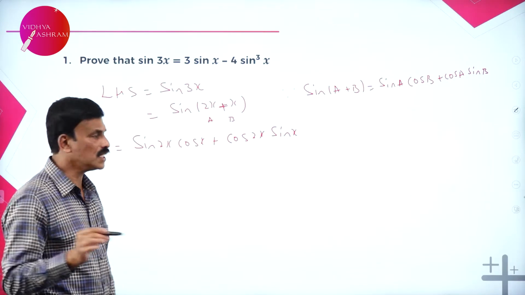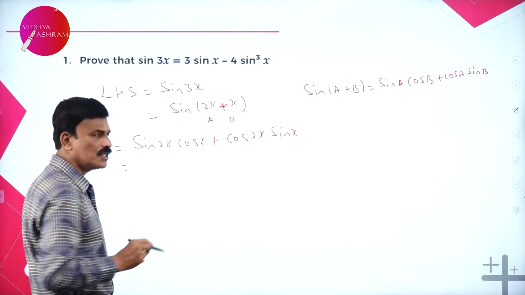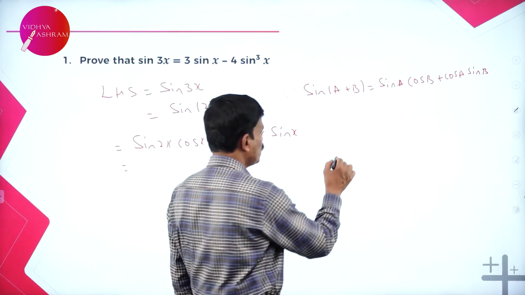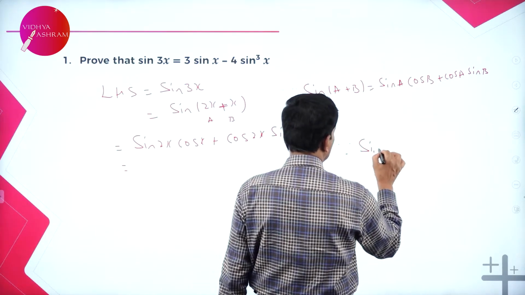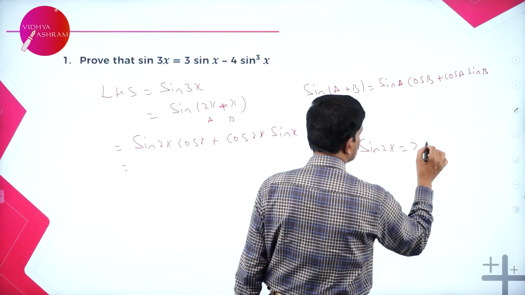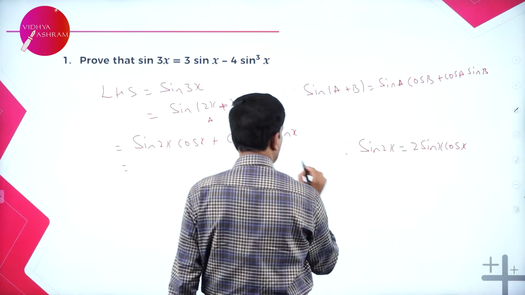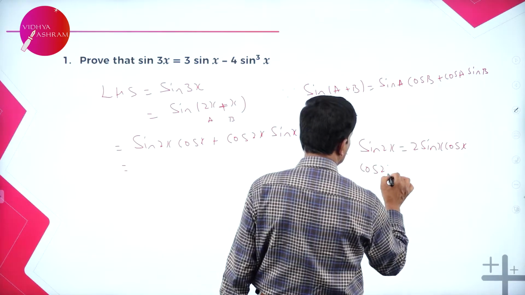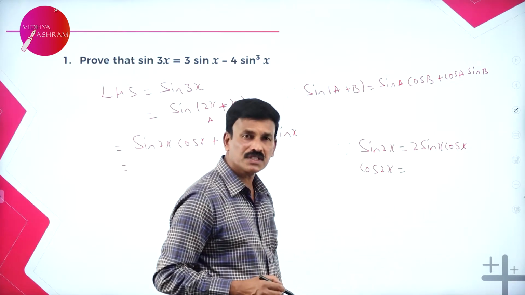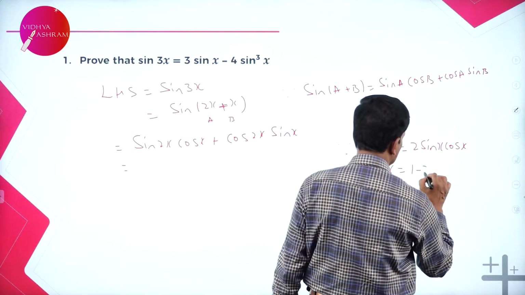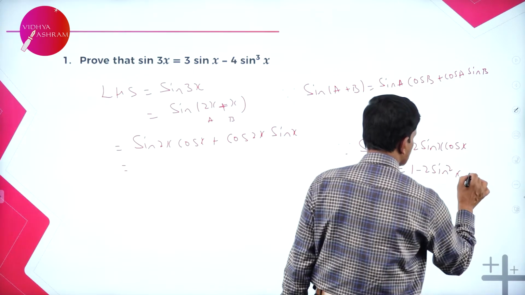Followed? Now, we know the formula for sin 2x from the previous multiple angles of 2A. Sin 2x is equal to 2 sin x into cos x. And cos 2x in terms of sin is 1 minus 2 sin square x. Just substitute here.